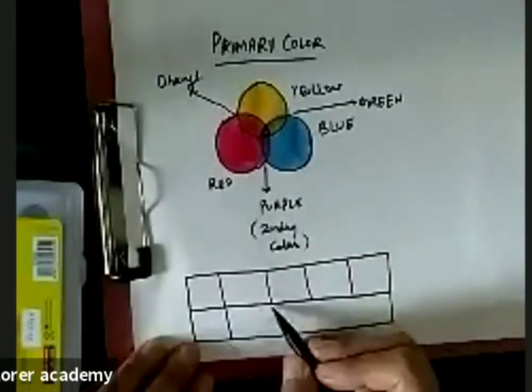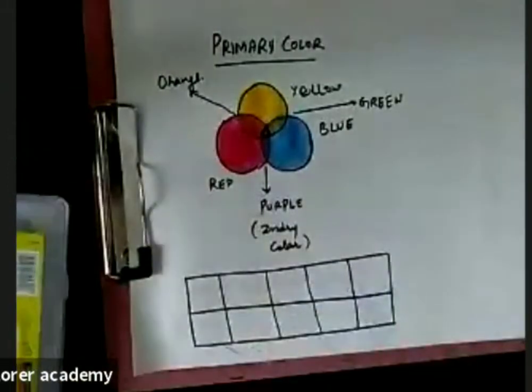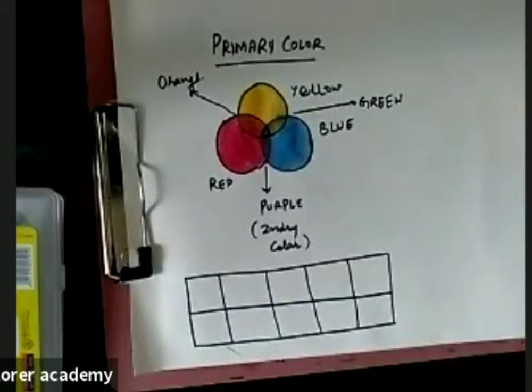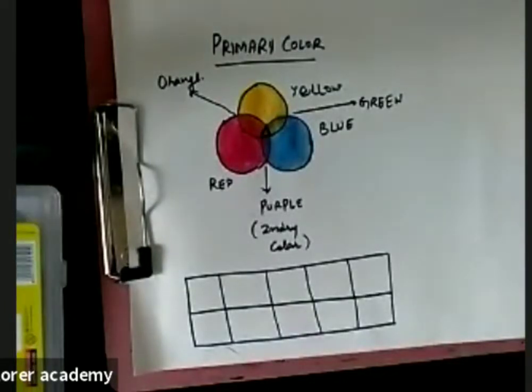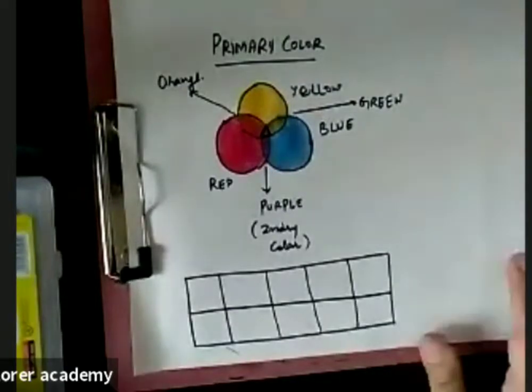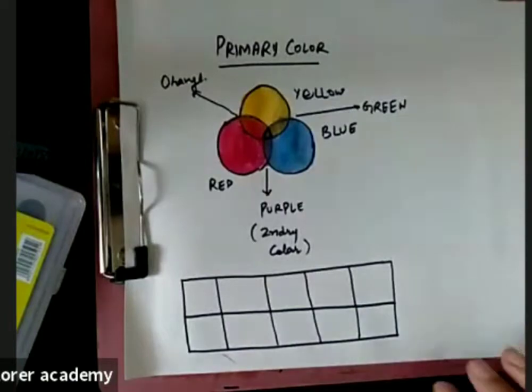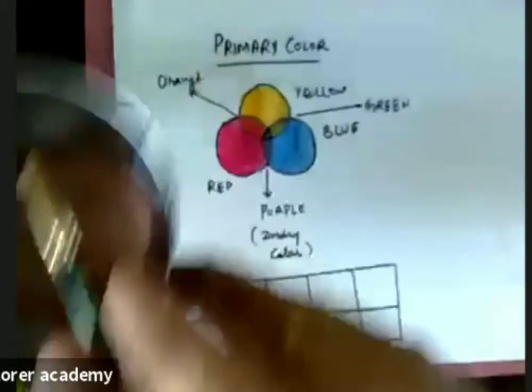So you can just create four sections. Okay, so now we will take the red color. I should keep it here.